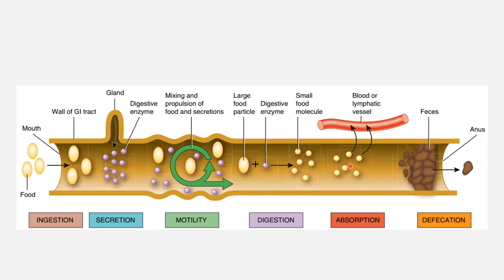These small foodstuffs can be absorbed into the blood or the lymphatic vessels, and this process is known as absorption. Undigested food particles, excessive secretions, as well as loss of epithelial cells are the excretory products removed from the gastrointestinal tract to the external environment, and this process is known as defecation.